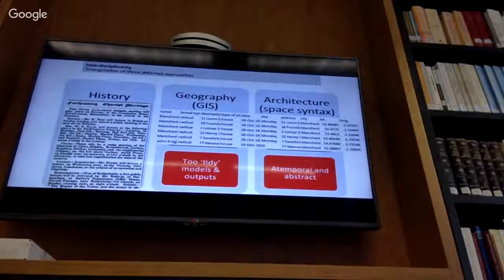But that still required me to find a lot of addresses that don't exist anymore using contemporary maps and finding those locations. So there's a lot of groundwork in terms of digging around. You can't just plug it into Google Maps and expect it to find all the addresses, particularly in areas where there had been slum clearance, for example. So there's still a lot of historical research needed in locating those addresses.